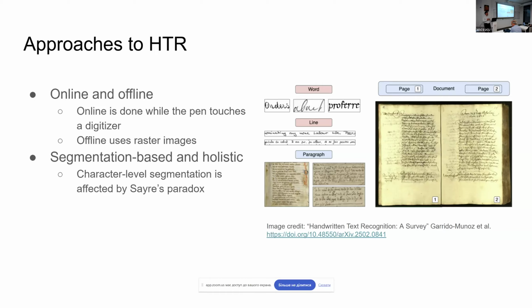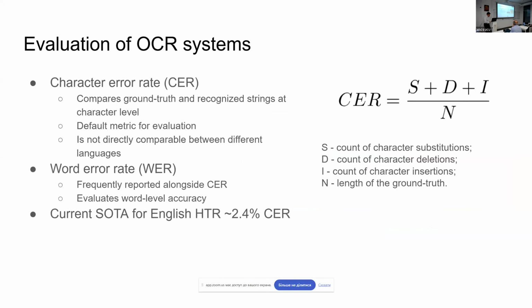You can pass the whole image of a page, and it will process it without a separate block that would do some segmentation. Also, character-level segmentation is affected by so-called Sayre's paradox, which means that to recognize a specific character, you have to read the whole word, but to read the whole word, you have to first read every character. So you would be better off recognizing whole words, not specific characters. This is Sayre's paradox.